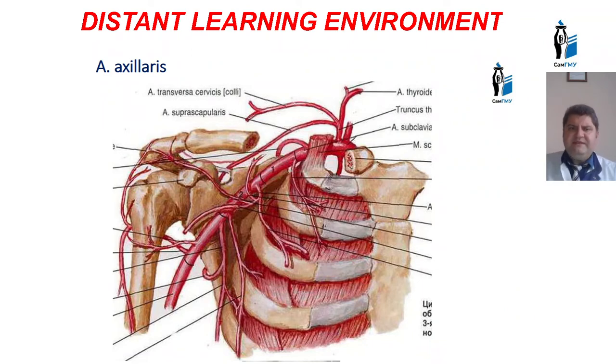So it forms connections with the branch of suprascapular arteries of thyrocervical trunk from subclavian artery. So this artery, you may see, forms the anastomosis at posterior surface of scapula and gives branches for these muscles.